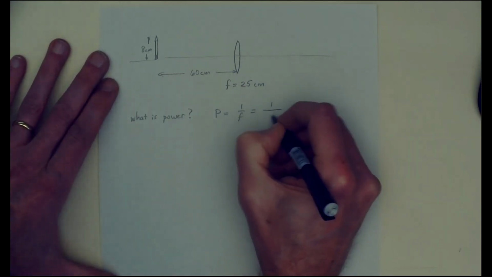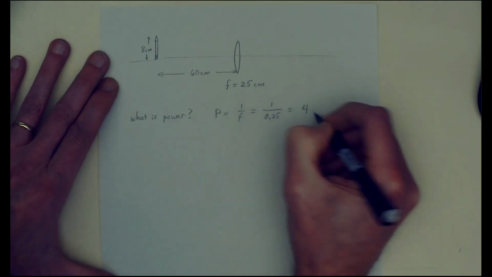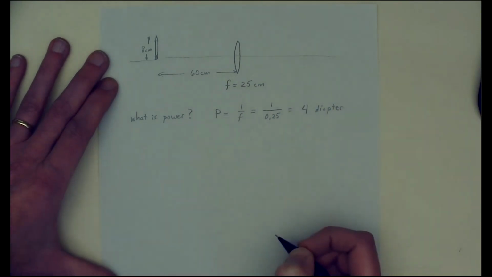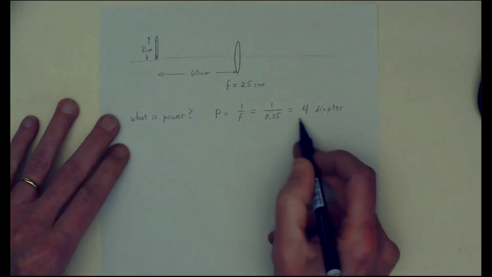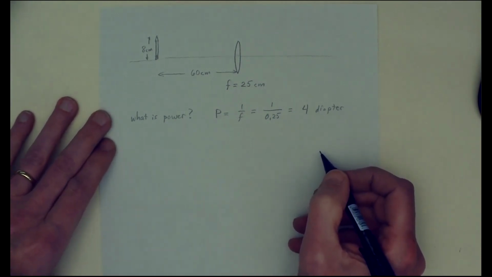So this would be 1 over 0.25, and that's 4 diopters. Diopters, by the way, are the numbers that an optometrist uses. When you talk about the prescription for your glasses, those numbers are in diopters. So that's the first question.